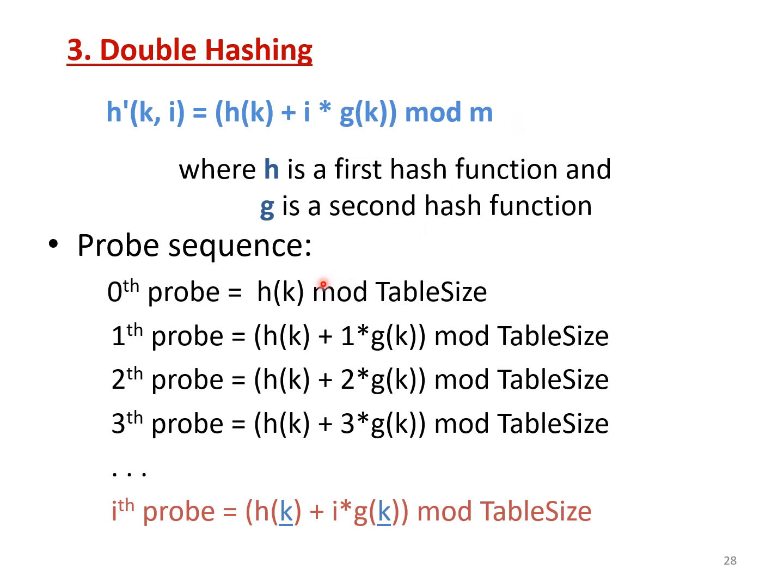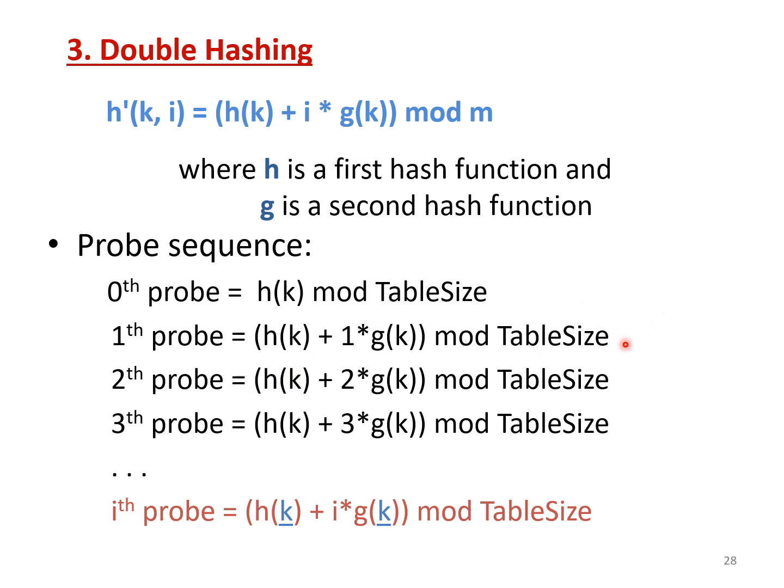As usual, we will compute the address in the 0th probe using the h function alone. If there exists a collision, then we will go for the first probe using the two hash functions h and g. So in the first probe, the index value will be calculated by h of k plus 1 into g of k mod table size.